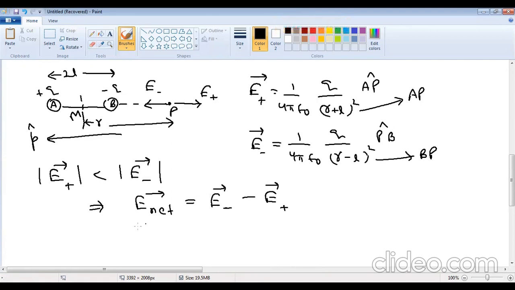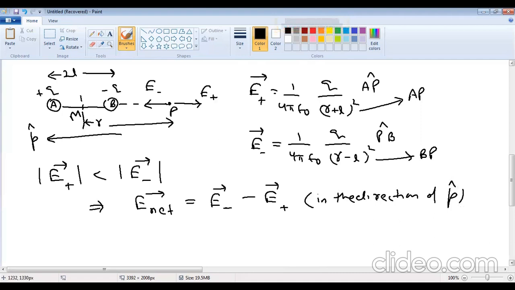So if we are expected to calculate the net electric field at P, we have no hesitation in writing it like E net, that is basically E minus minus E positive, that has to be the net direction of the electric field. Also, these two fields now have been written in the direction of P cap.